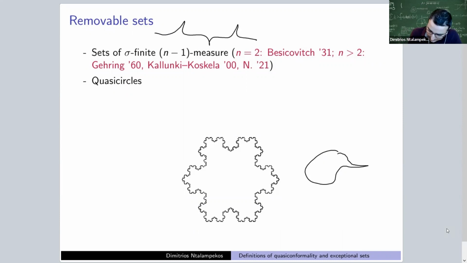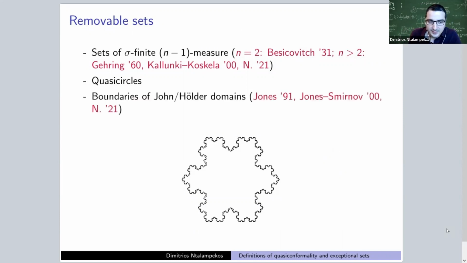Now, another class of removable sets includes the boundaries of John and Hölder domains. So what are these? These are generalizations of quasi-circles. John domains allow for inward cusps, but not outward cusps. So in what I drew here, the interior is a John domain because it has only one inward cusp.